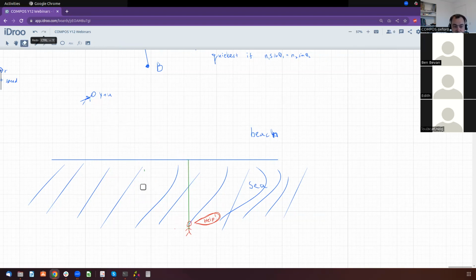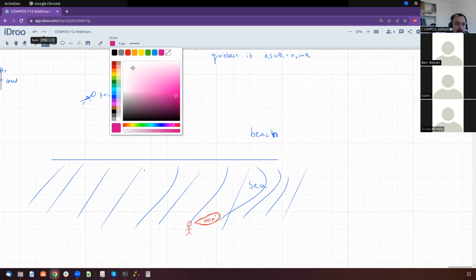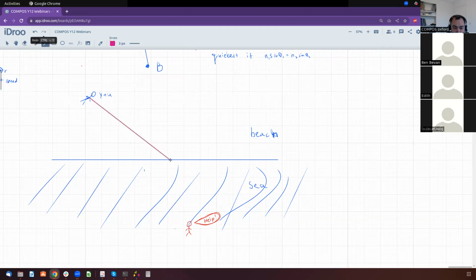Well, it turns out, if you're like me and you run faster than you swim, which probably is true for most people, the quickest way to help the distressed person is if this angle, theta 1 and theta 2, is such that sine theta 1 divided by sine theta 2 is equal to the speed of running divided by the speed of swimming.